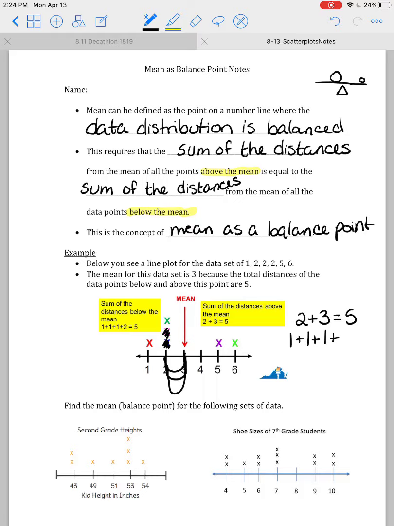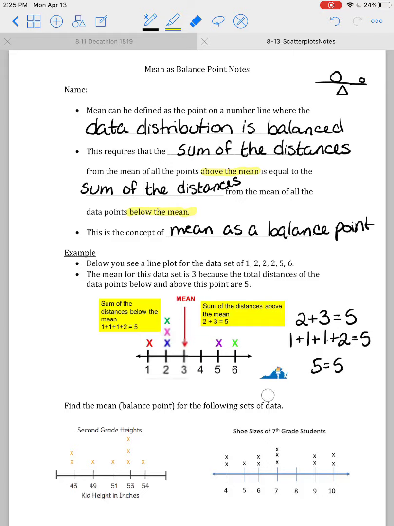Now we need to find the distance from the 3 to this 1. 1, 2. So we add a distance of 2. If we find the sum of those distances, 1 plus 1 plus 1 plus 2 equals 5. Those two sums are equal to one another, so 3 is the mean or the balance point of this data set.